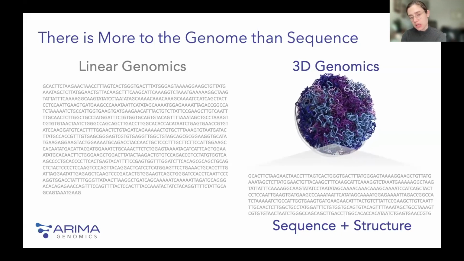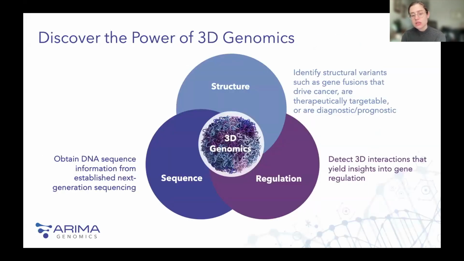So the way we look at it at Arima is that 3D genomics sits in the intersection of these three very important aspects of genomic analysis. We have the sequence. So the 3D genomics gives you the DNA sequence information on top of everything else because it's based on next generation sequencing. It also gives you information on the structure of the genome.